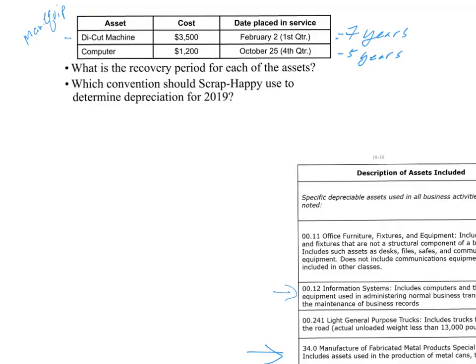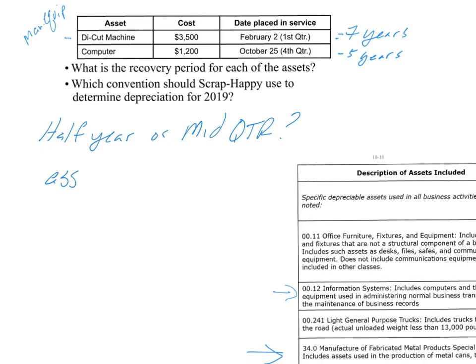Now, what convention should they use to determine depreciation? So when we talk about what convention, we're talking about half year, or mid-quarter, okay? And so the test is if they've placed in service more than 40% of their assets by cost, then they have to use mid-quarter, all right? So what do we need to look at? So, okay, what was placed in service?